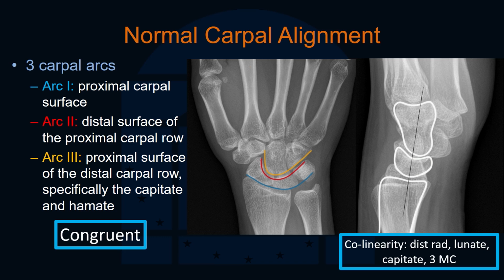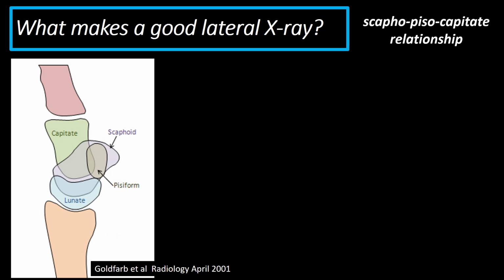I like to also see that the lunate, which kind of looks like a teacup in my mind, is sitting evenly on that distal radius like a saucer. To ensure that we have a really good lateral radiograph, we need to look at that relationship of the scaphoid, the pisiform, and the capitate. So this is how we can kind of ensure that.